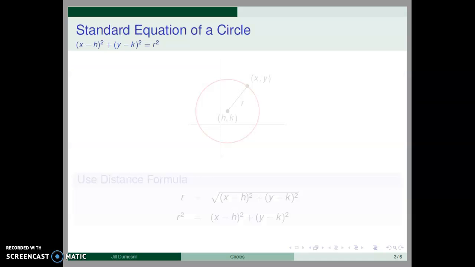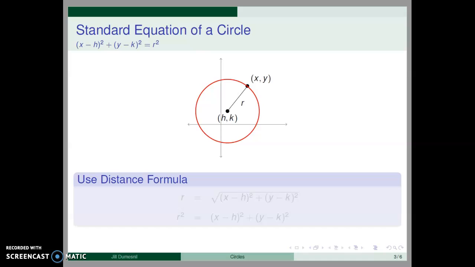Although I've already given away the punchline for the equation, let's figure out why this is the equation of a circle. Consider the given circle with radius r and center at the point (h, k) as shown. We want an equation describing all the points of the form (x, y) on this circle.